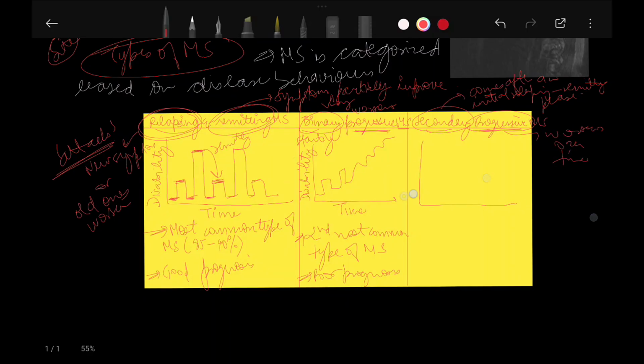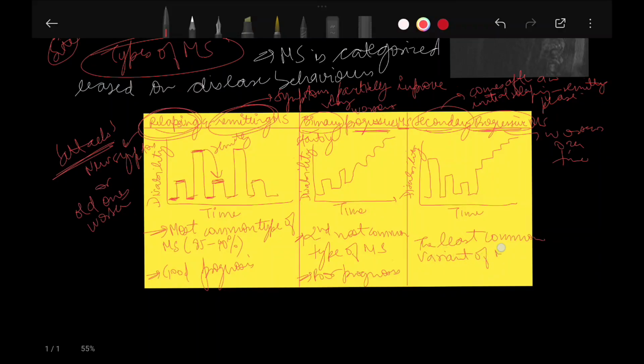First the graph will be of relapsing and remitting type of multiple sclerosis, and then it progressively worsens. It is the least common variant of multiple sclerosis. The most common was relapsing and remitting, the second most common was primary progressive, and the least was secondary progressive.